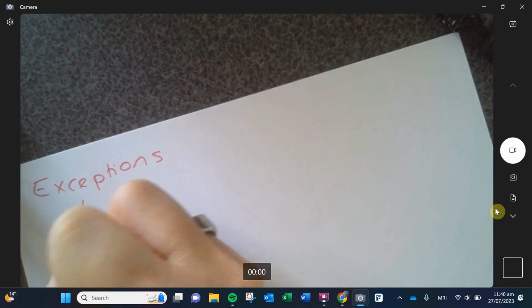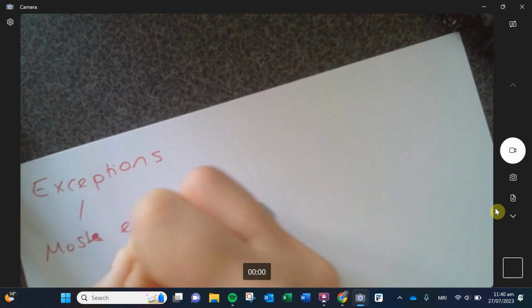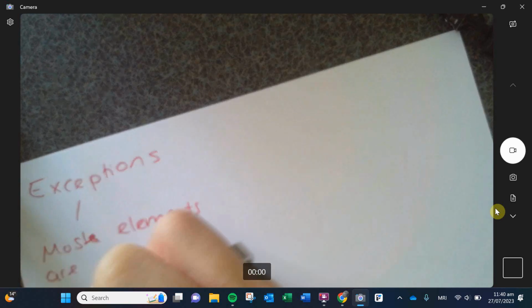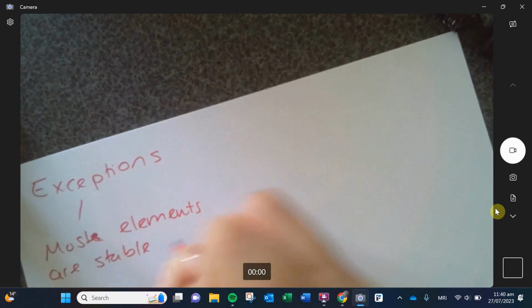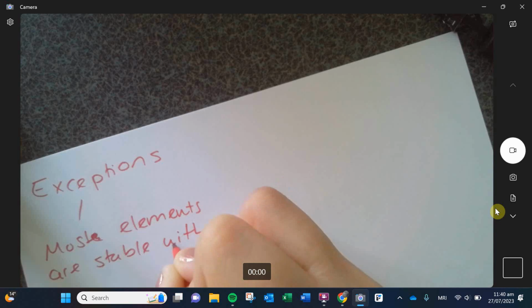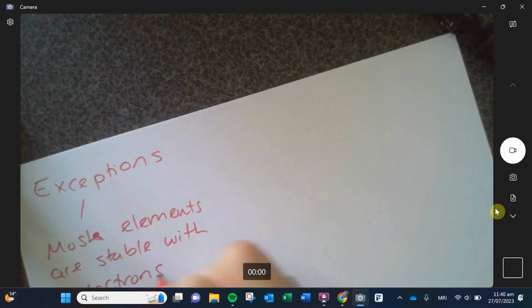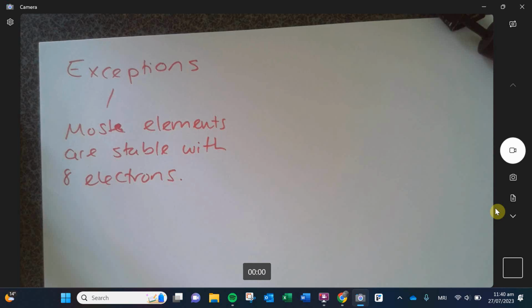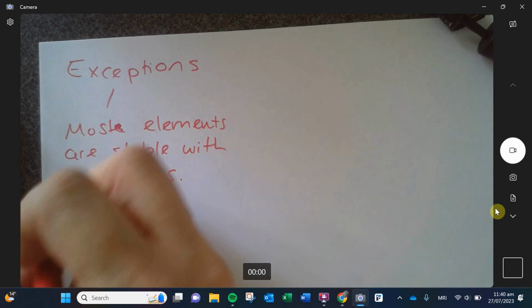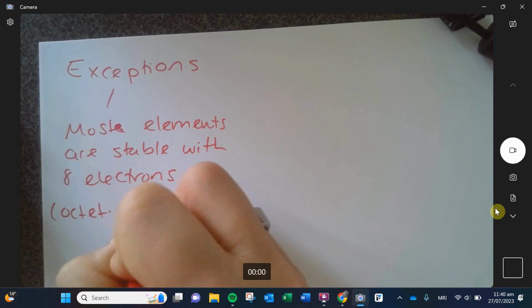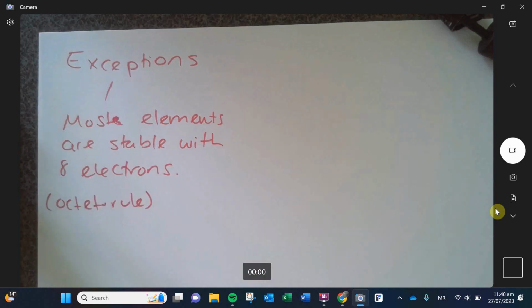Most elements are stable with 8 electrons. We call that the octet rule. But there are a few exceptions of certain elements that will be stable with different numbers.